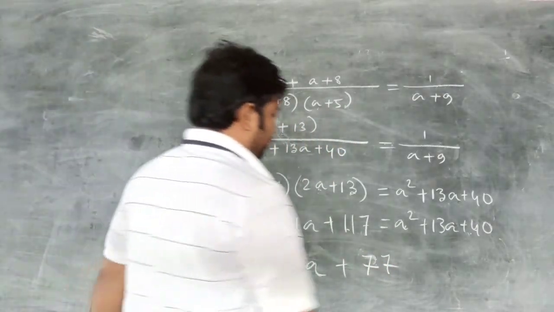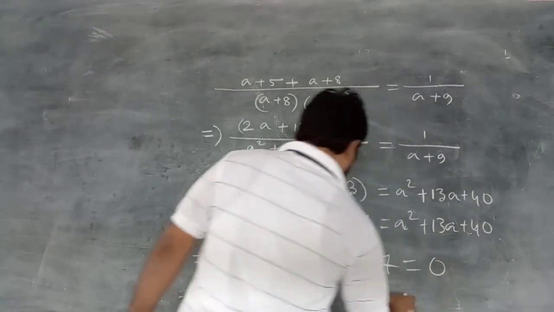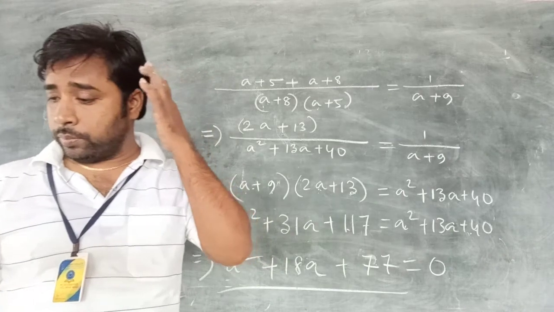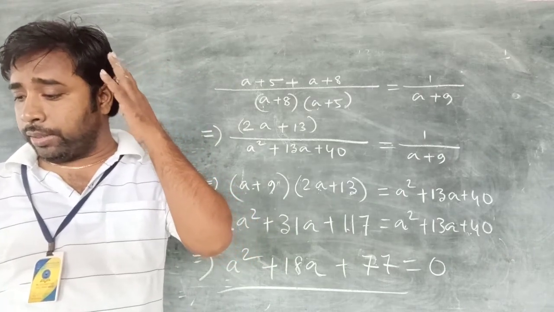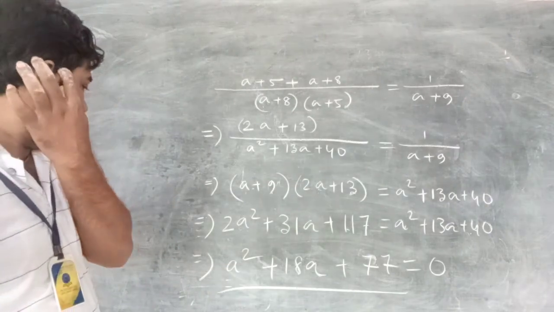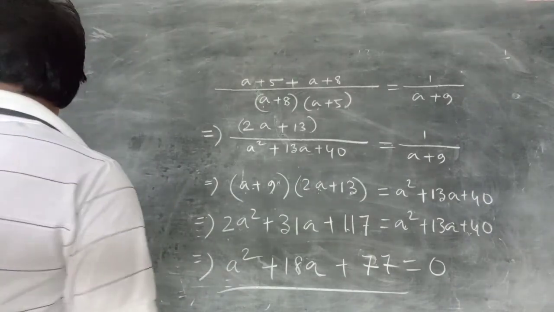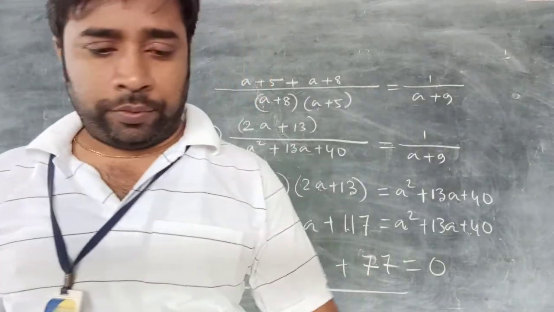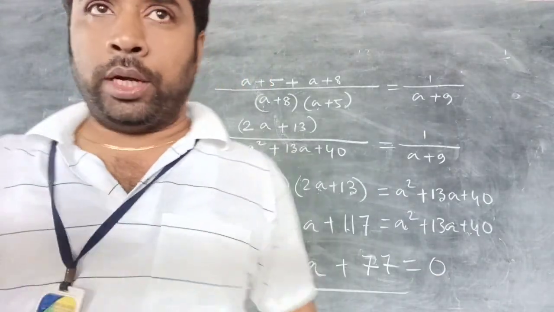So this is a square plus 18a plus 77 equal to 0. Now let us find the value of a from here. If we find the value of a from here, we shall get the value of x after that if we put the values. So this part you do by yourself. Today let me conclude here. Thank you.